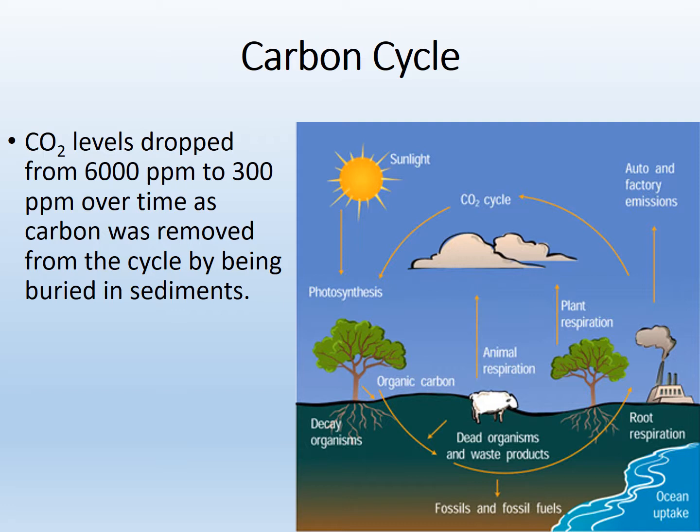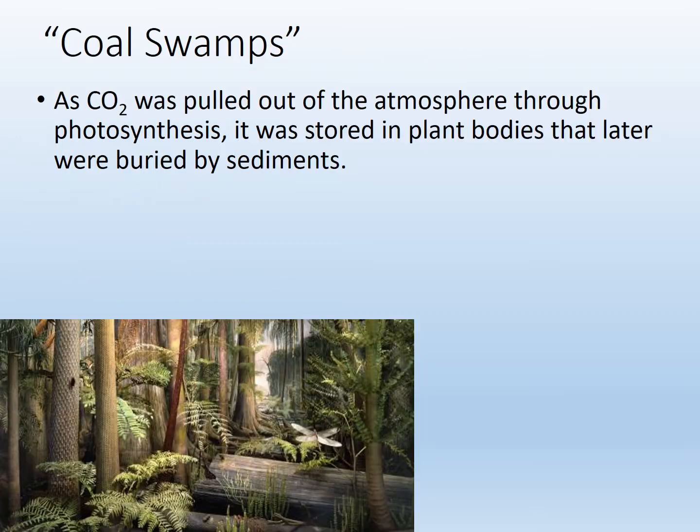Now, of course, most of it is being recycled in the normal carbon cycle. Plants die, animals eat those plants, bacteria break those plants down, and that carbon's released back into the atmosphere through respiration. But even if a tiny percentage of that carbon ends up being trapped underground for millions of years, that little tiny amount can add up to a lot, and much of the carbon dioxide was pulled out of the atmosphere.